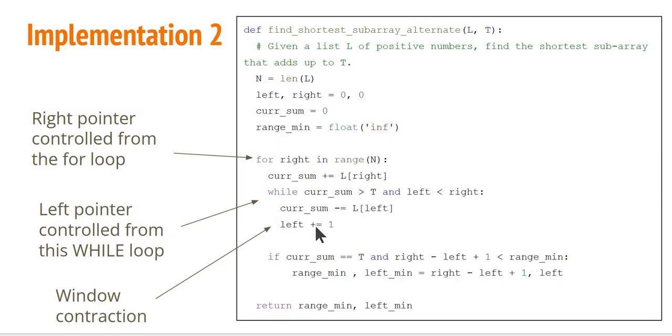Notice that once I exit the loop, it could be a point where the sum has become exactly equal to t because this condition no longer holds, and hence I record the answer at the very last, right? So basically the loop runs, either right expands or left expands, and in the end I record. It seems like a mirror, or a different implementation of the previous solution we have seen, but the conditions are exactly the same.